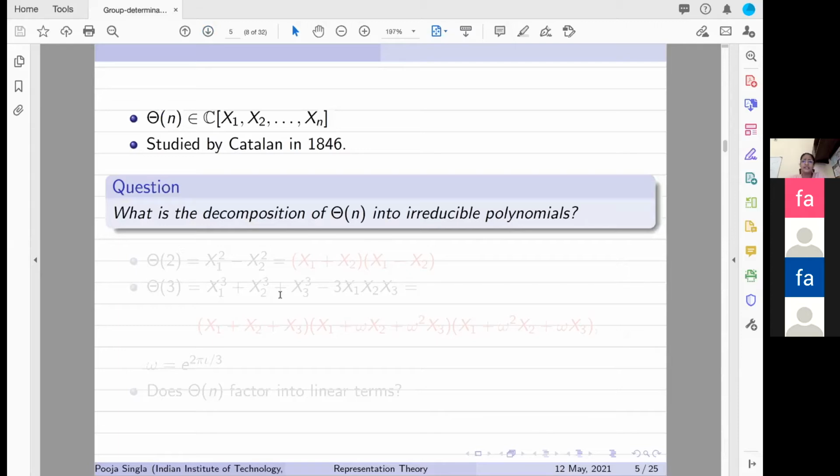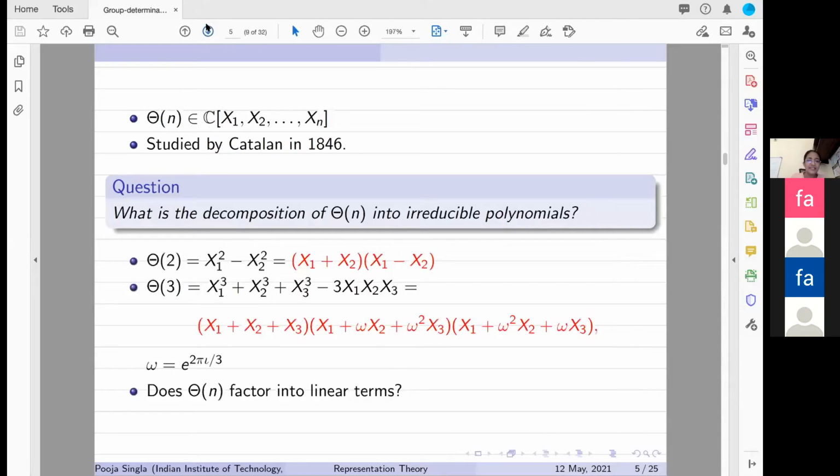The question that I'm interested in, and I'll be talking throughout this talk about certain modifications of it, is: what is the decomposition of theta n into irreducible polynomials? Let's look at examples. Let's look at theta 2. We computed that it's x1 squared minus x2 squared.